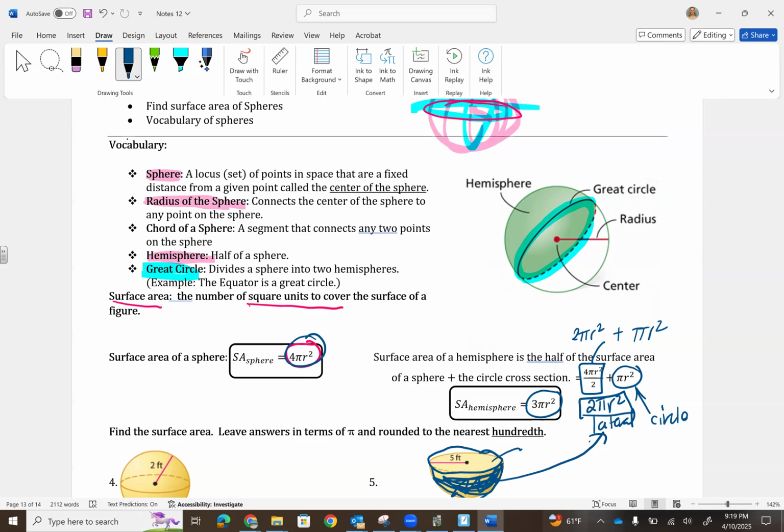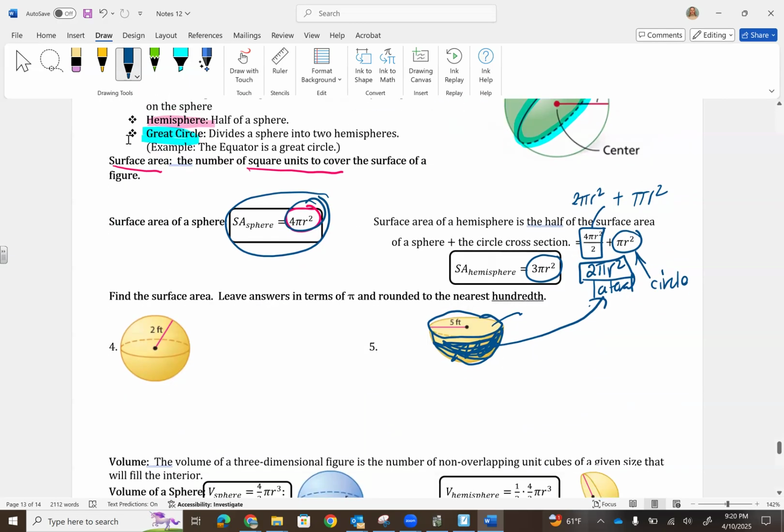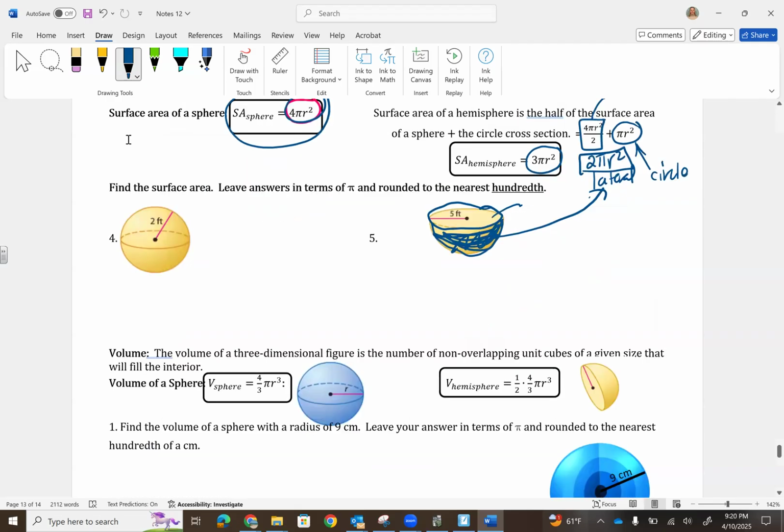And then the whole sphere's surface area is 4 pi r squared. So it's kind of cute. Circle is pi r squared. The outer part of half a sphere is 2. And then the whole hemisphere is 3. And then the whole sphere is 4. It gets bigger and bigger the more surface area you've got.